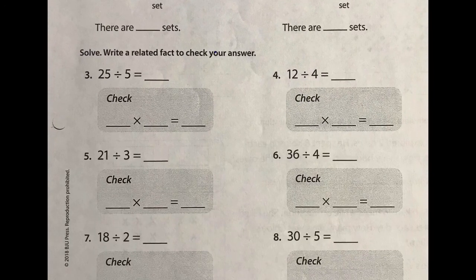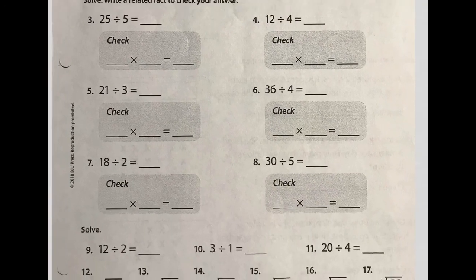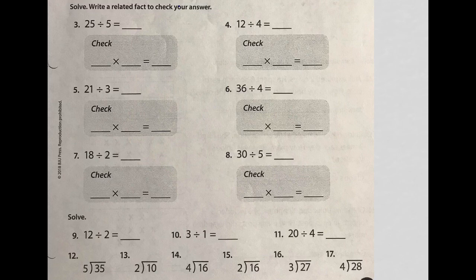All right, let's move on to numbers 3 through 8. You're going to figure out the answer to the division problem, and then you're going to check it by multiplying. Okay, so you'll take your answer and multiply it with the second number, and you should get this first number here.